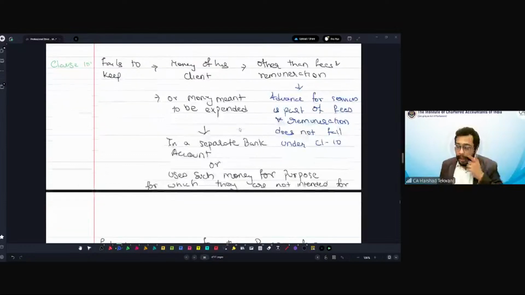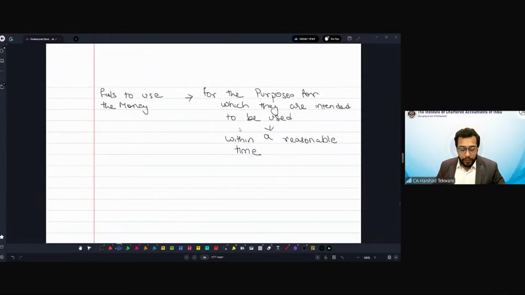Okay. Now, another part I want to discuss is the reasonable time frame. Let's say, for example, I have received some amount from the client for some expenditure, say to pay tax today itself. In that case, I am holding it for a very short time frame.